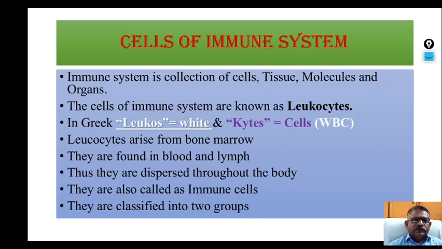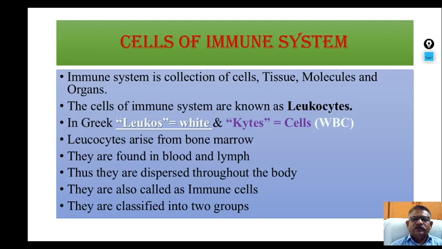Leukocytes are basically referred to as cells of the immune system. We know very well that the immune system is a collection of cells, tissues, molecules and organs. Among them, these leukocytes are referred to as the cells of the immune system.